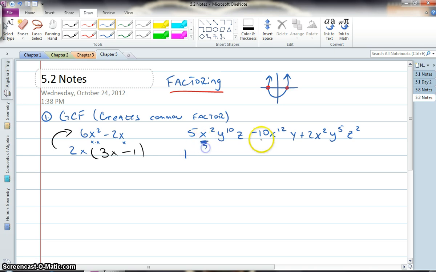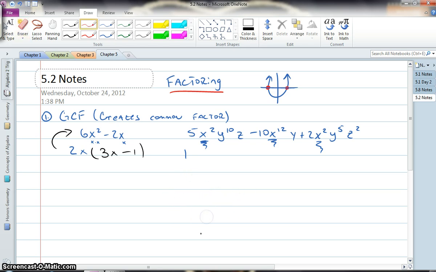All right, now we're looking at 2 x's, 12 x's, and 2 x's. How many x's can I take out of each? Well, this one has 2, this one has 12, this one has 2, so we only share 2 x's amongst them all.